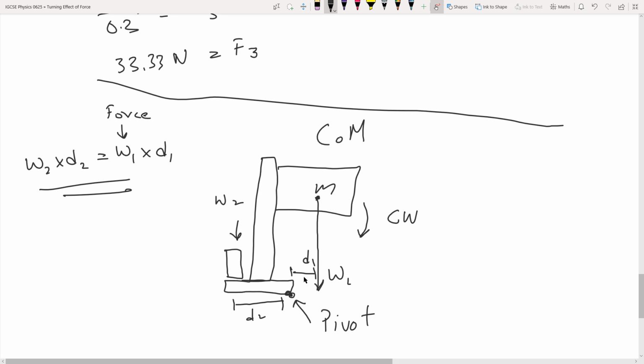So you need to calculate the distance from pivot to center of mass. That is going to be your line of application of force. Even in this case, it is going to be from the center of the mass, so that is going to be D2. And since D2 is longer, we need very little weight on this side, and since D1 over here is smaller, we can manage a larger weight by balancing it with a smaller object on this side.